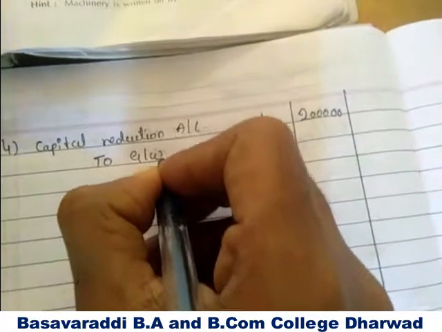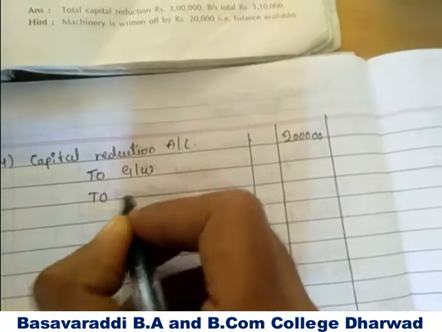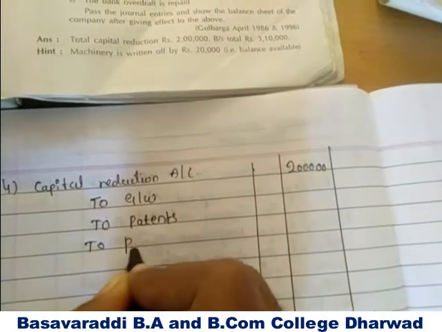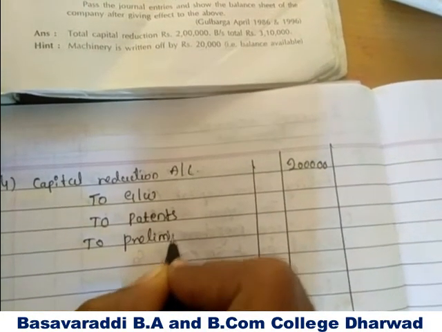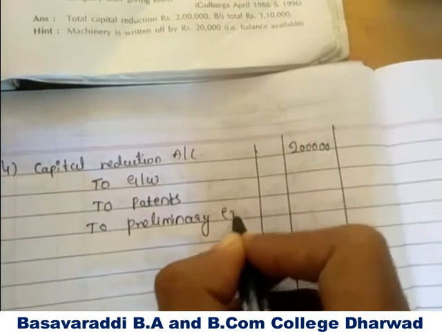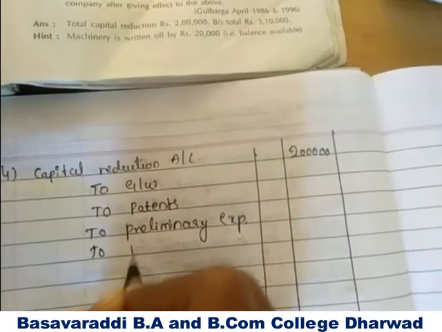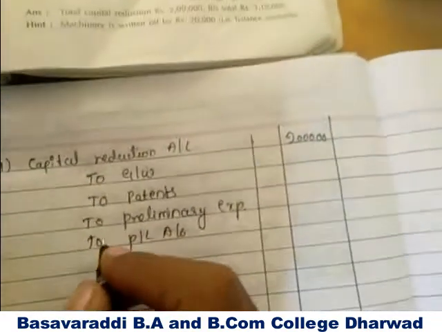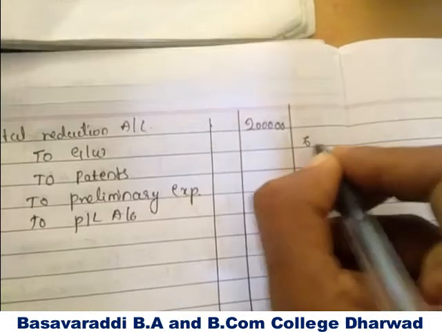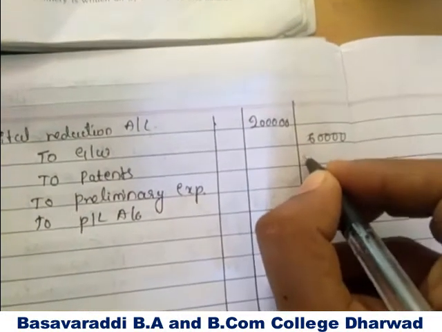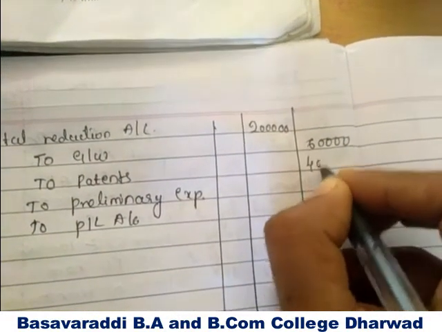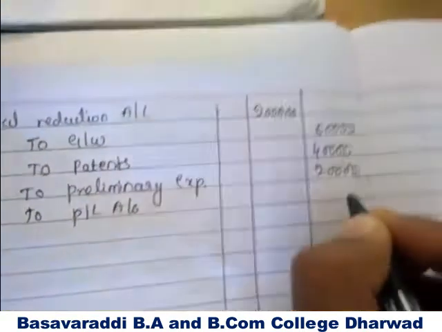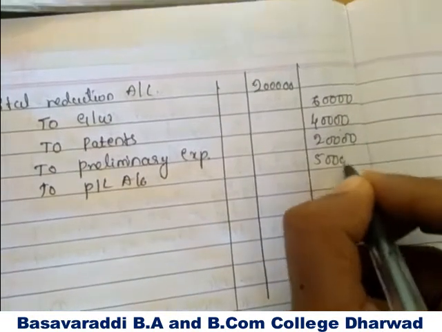Goodwill to patents, to preliminary expenses, to profit and loss account. Whole amount we have to write off. Goodwill is 60,000. Next, patents 40,000. Next, preliminary expenses 20,000 and profit and loss account is 50,000.